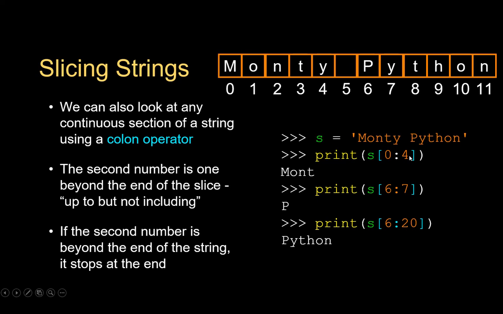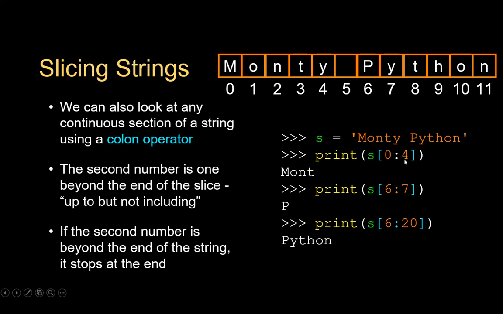And 4, so it's not including 4 in this case. So this case is starting from 0 but not up to 4. So it's basically starting from 0 up to 3.